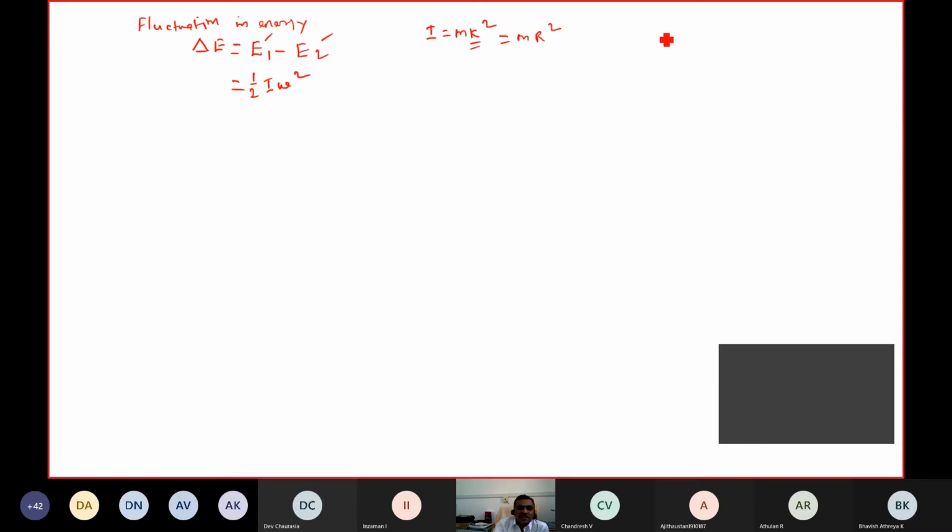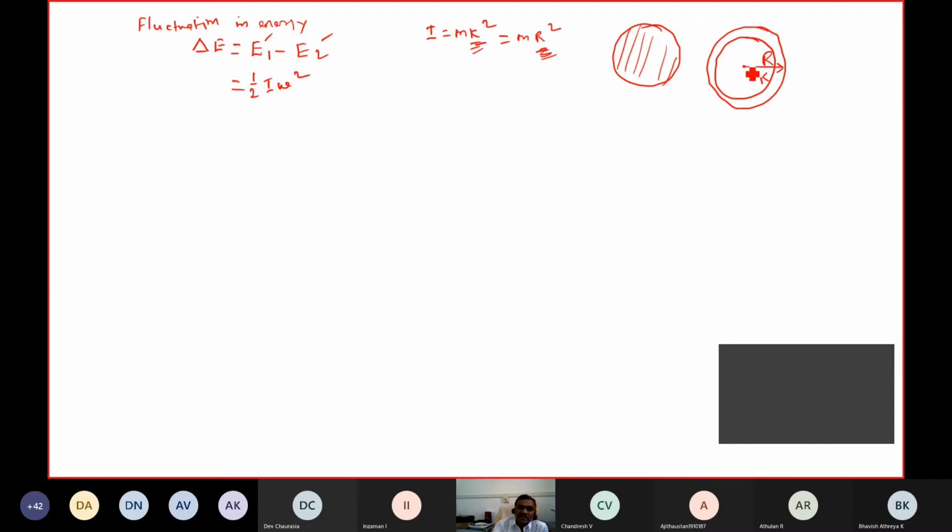If you have a disc like this that is completely filled, then the k value and r value are not the same. But a flywheel is made up of a rim like this. In case of a rim, r value can be taken equal to k, so you can take m r square, because in the middle there is no material.